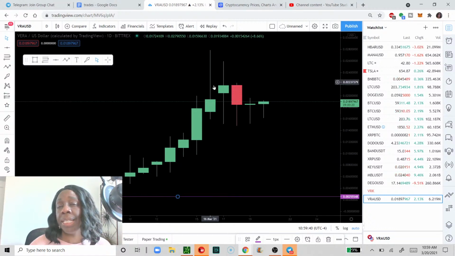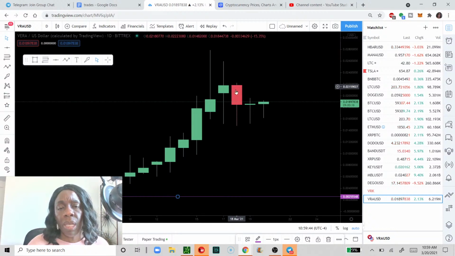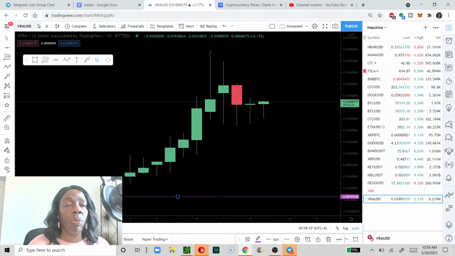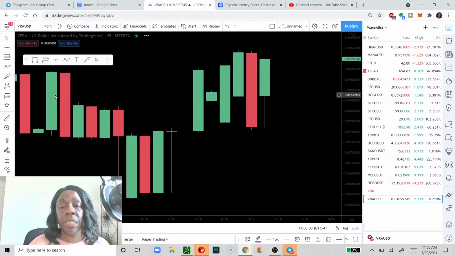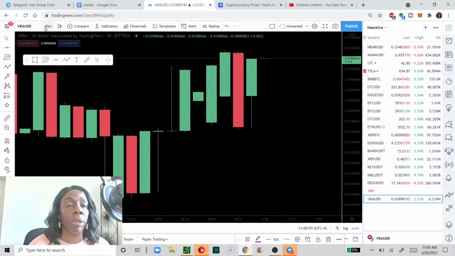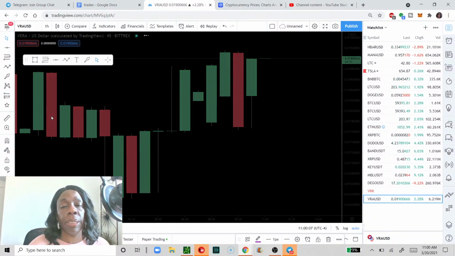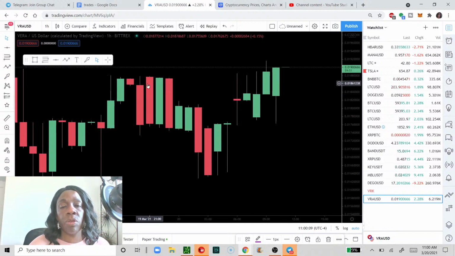You can make a tidy profit with this move. But now on this day we have a pretty decent size retracement. What I like about this is that in the last two days we see these green movements. So if we come down to a smaller time frame, hopefully we can see better what's going on. Not the 45. Let's try the hourly. And let's zoom out a little more.